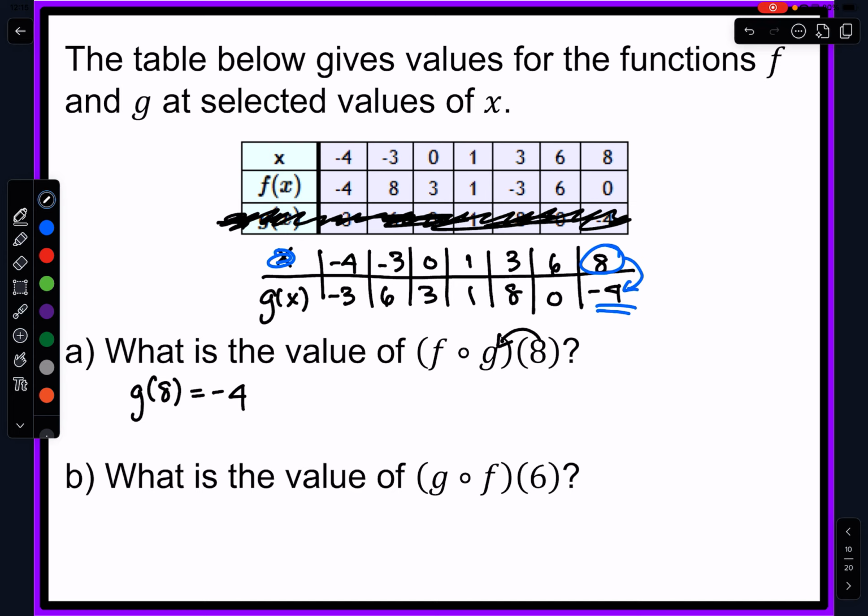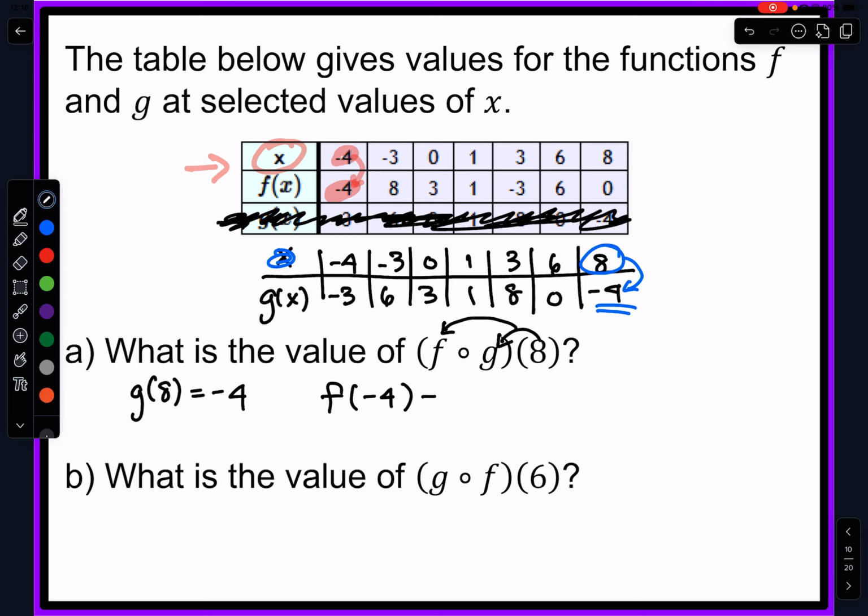What we're going to now do with that answer is plug that answer into f. So we're going to get the function f and see what the output value is when x is -4. So we're now going to look at the table for f, which is this one up here. Look at where x is -4 and identify the corresponding y value, which is also -4.